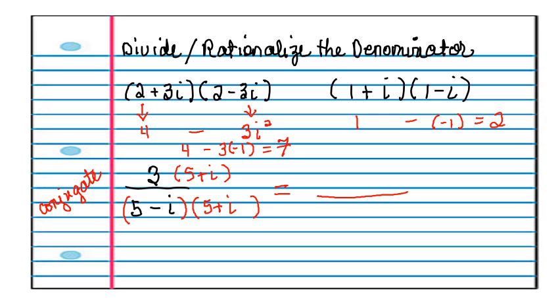Alright, difference of 2 squares thing. So we're going to have 25, an i squared, and a minus, remembering that this is a negative 1, so it gives us a 26. And then we just have to distribute the other guy. Gives us 15 plus 3i.